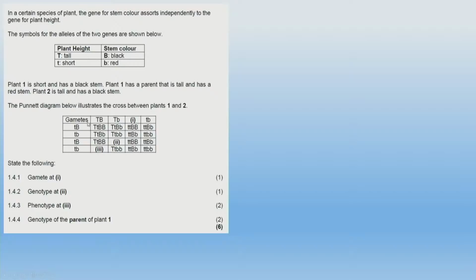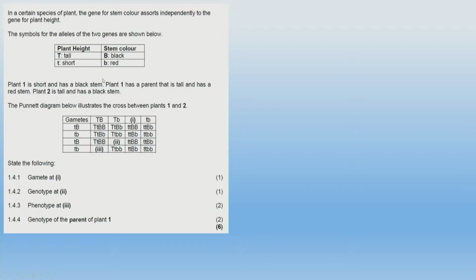And the learner must be able to complete the table, with capital letter T, small letter t, capital letter B, small letter b, and that is the type of questions on dihybrid crossings, because we have 2 genes.